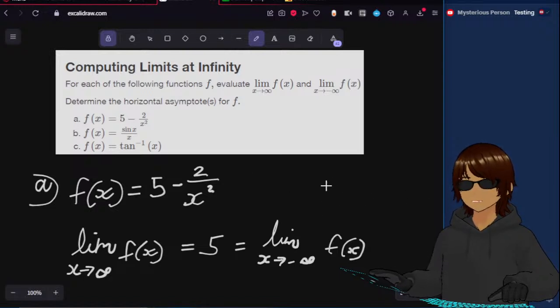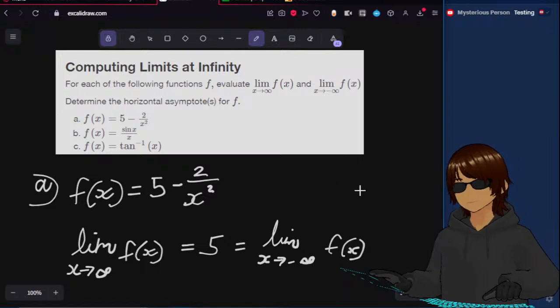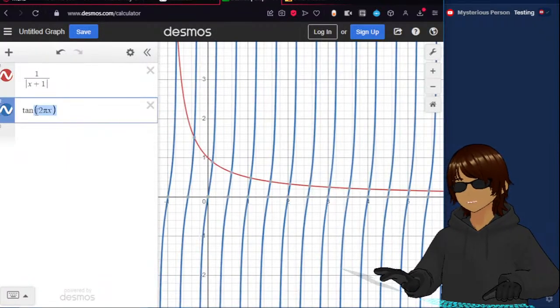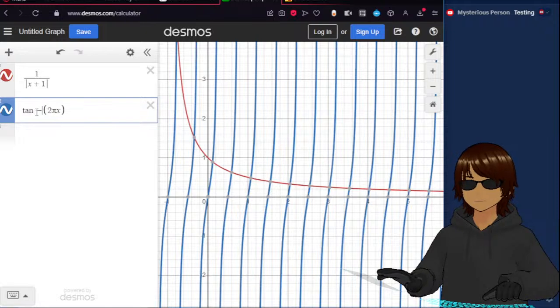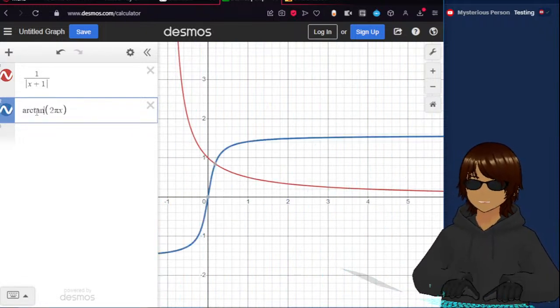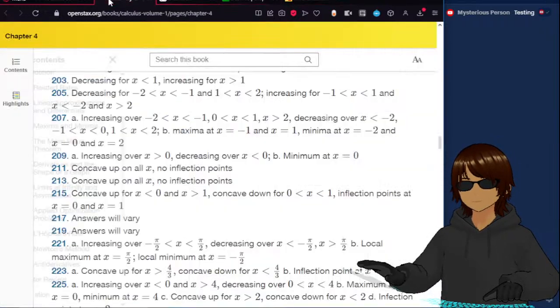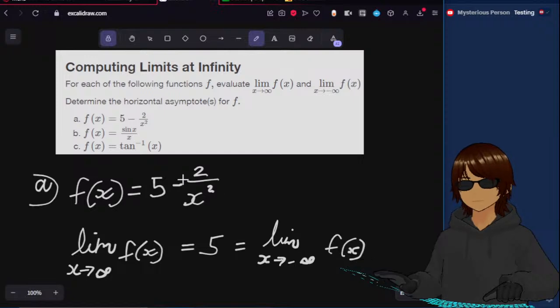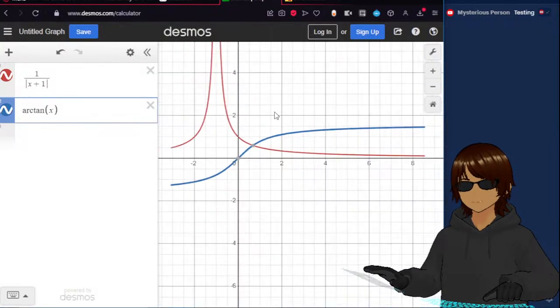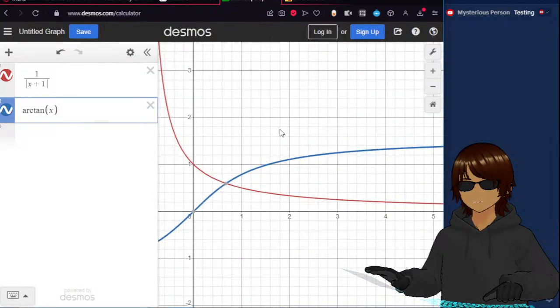So it would be like this. And then arctan. Let me graph that. Tan x.